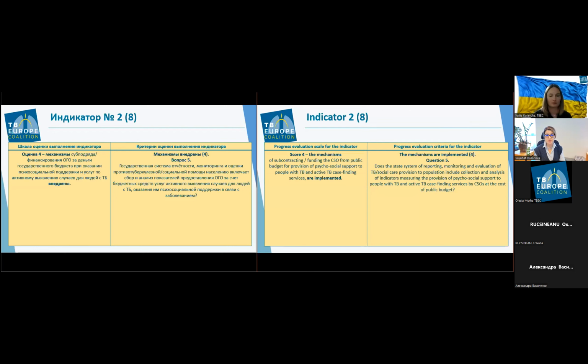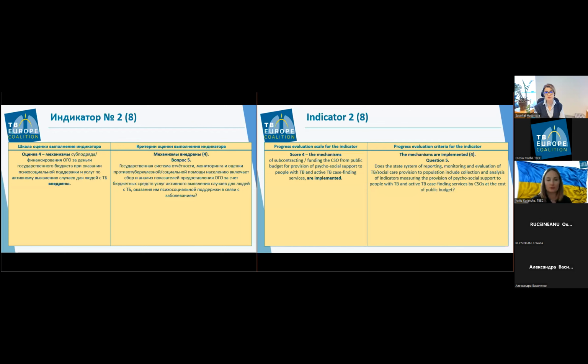So we speak not only about these indicators included into our regional action plan, but we also speak about those indicators which are only indirectly related to TB. So we are going a bit beyond, but these aspects are linked, and I'm grateful to Oksana for having raised that issue. So I believe that we need to keep working in that direction and to discuss that, because one thing is if, Yulia, you present the algorithm, and another thing is how the countries are going to implement that and who is going to do that.